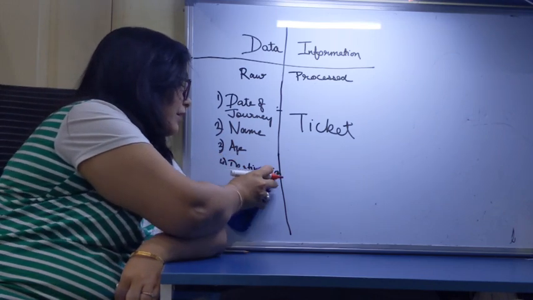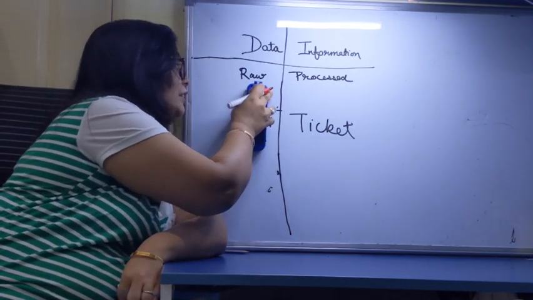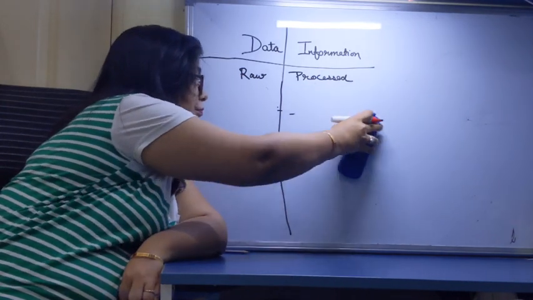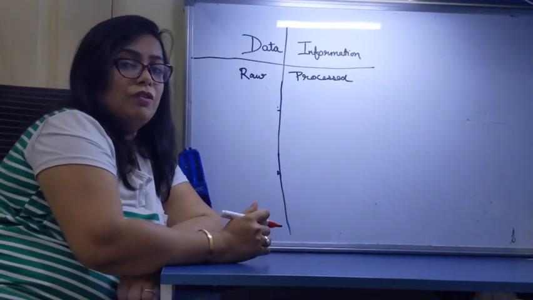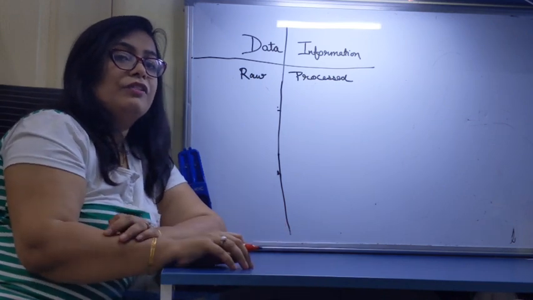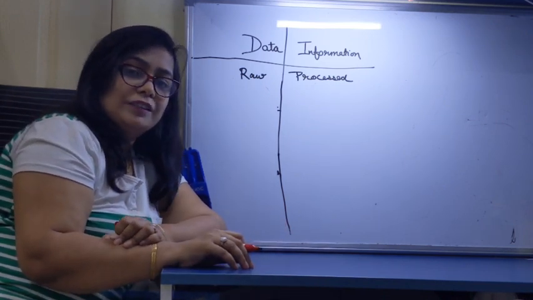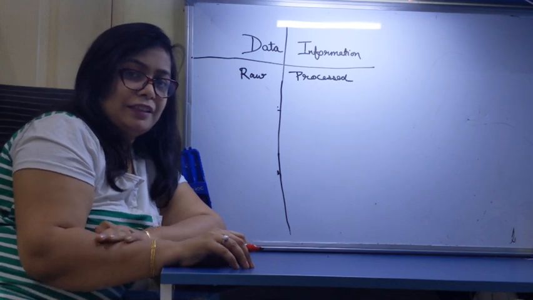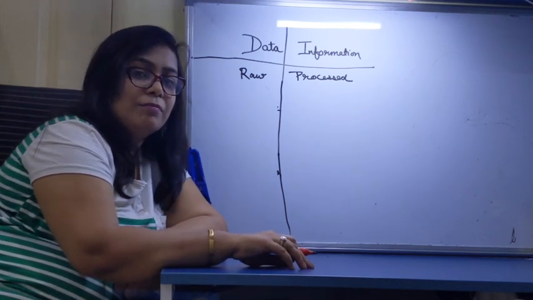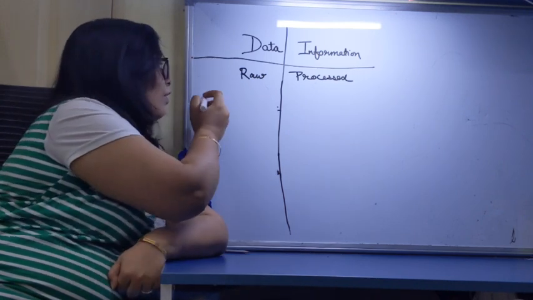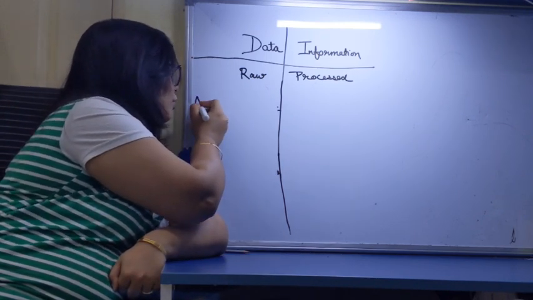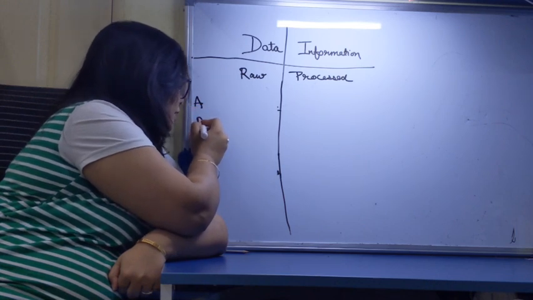So another example, which is commonly used by your teacher when they make results. When you give your exam, you get your subject marks, correct? Then after that, it is compiled into a mark sheet. So how does a teacher do it? Supposing there are 3 students in a class.